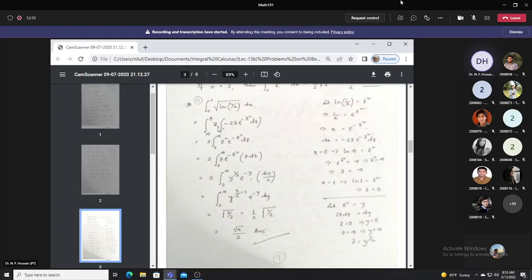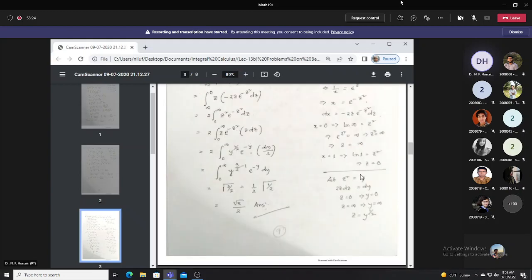And here dx equals minus 2z e to the power minus z square dz, and root over z square is nothing but z. So z square e to the power minus z square. Let us write it in this way: z e to the power minus z square into z dz.